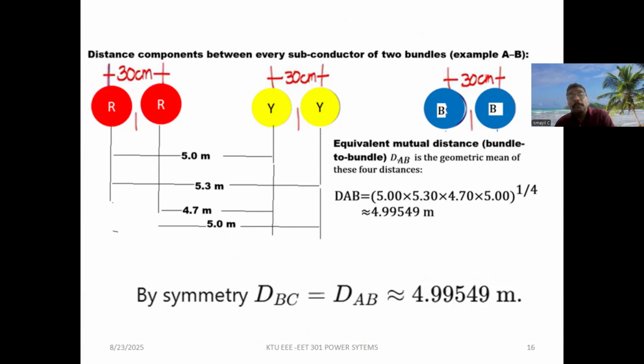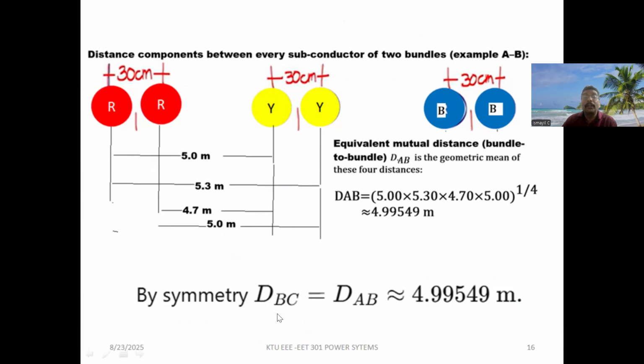You can see that if you do the same calculation with the Y phase and B phase, the 4 distances within Y and B, first Y and first B, first Y and second B, and so on, are symmetrical.